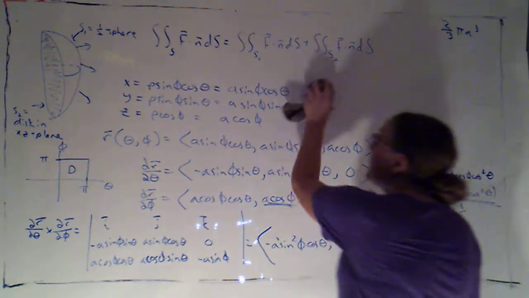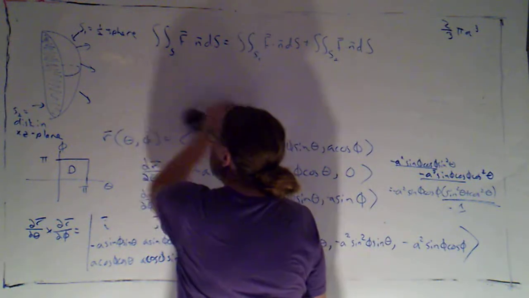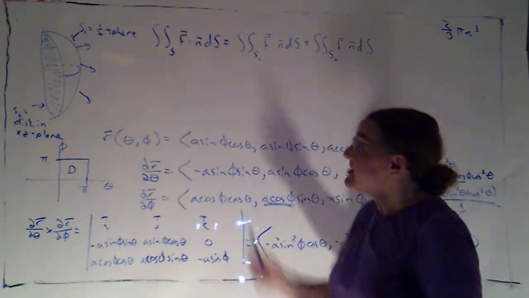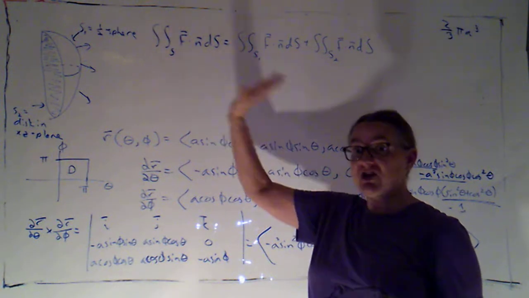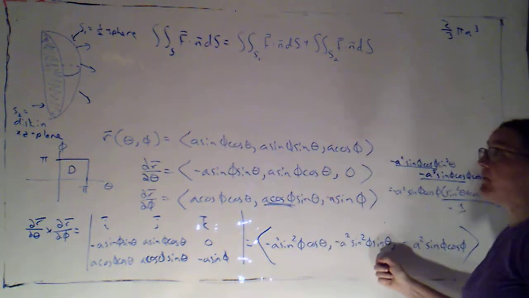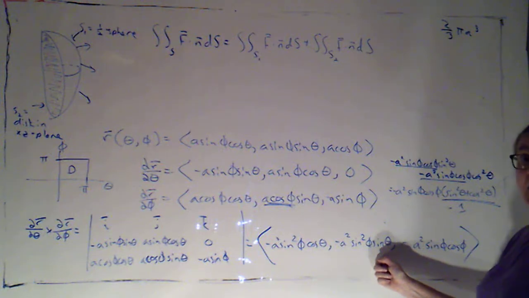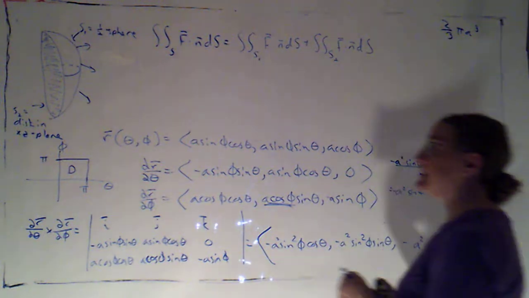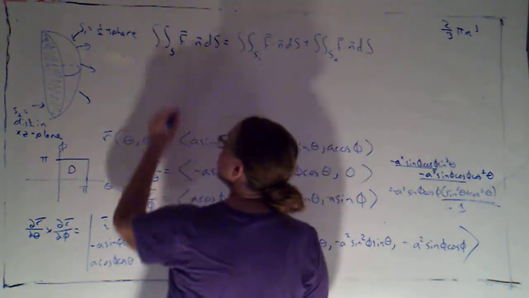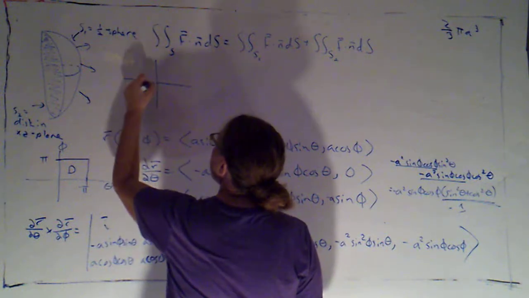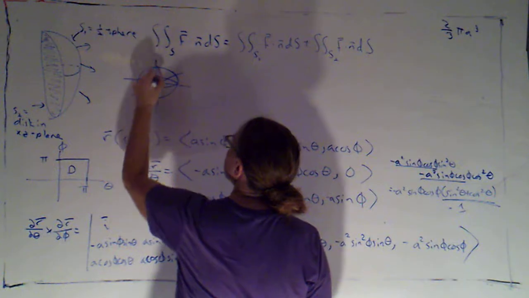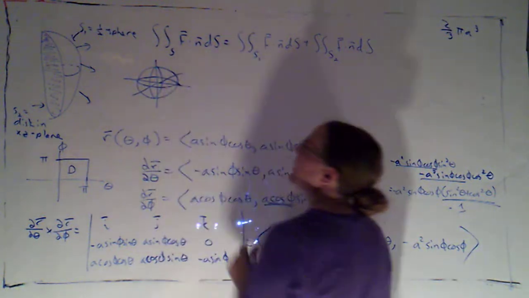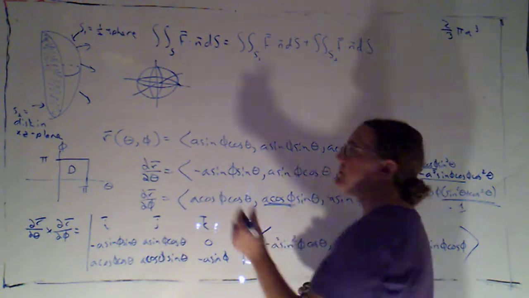Okay. But I now need to check. So I need to pick a point somewhere on the right half of this sphere and check to see, is this going to be pointing outward or not? I think the simplest point to pick is going to be the rightmost point. I'm going to actually just draw the whole sphere, because that's easier to draw than the half sphere. If I pick this point right here, that's the rightmost point.